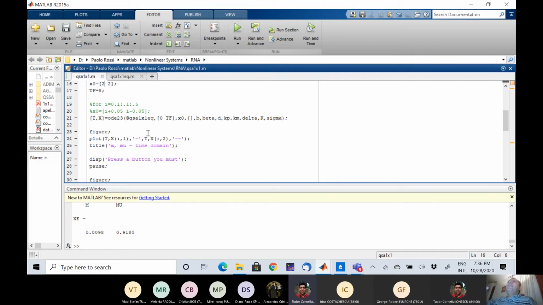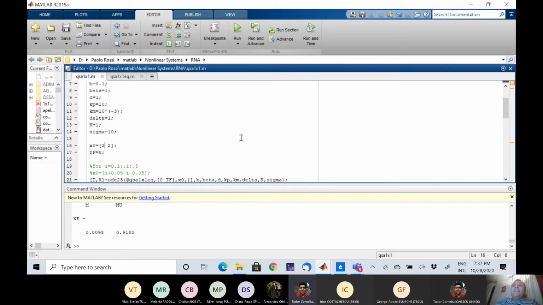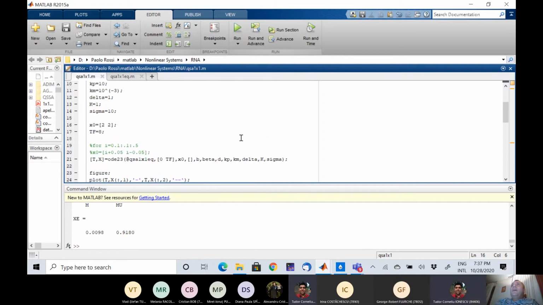This is why I wanted to ask the students to do this. You don't have a state space there, because it's one-dimensional, but you can still run it looking at the time moments of the state variable.